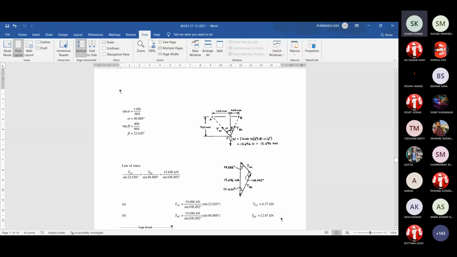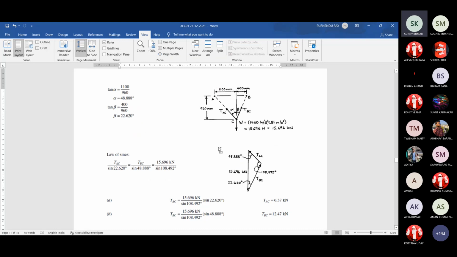So this is the free body diagram. Suppose we represent this angle as alpha and put the tension with the notation capital T. So tension in the member AC, tension in the member BC, and this is the self weight, 1600 kg multiplied by 9.81 meter per second square, and this many Newton and kilonewton.